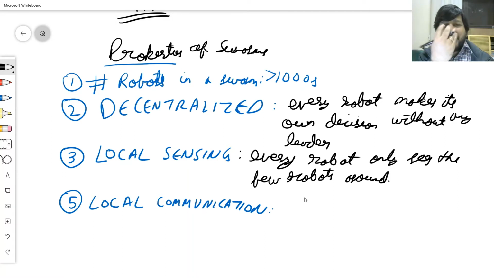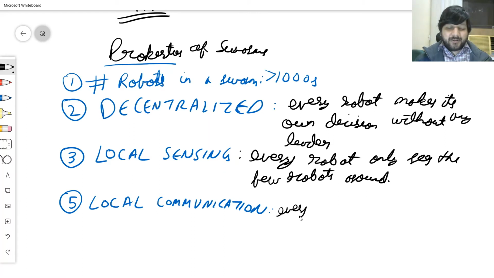So using all your physical sensors, cameras, or sensors I'll talk about, you can only look at the robots around, and the same is with communication as well. You can only talk to the local robots around.